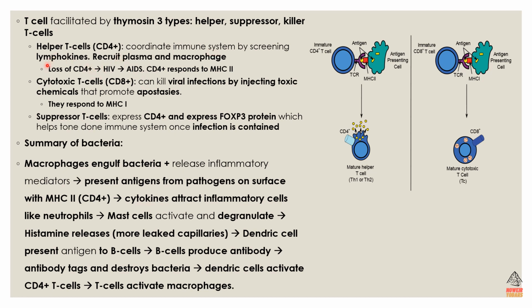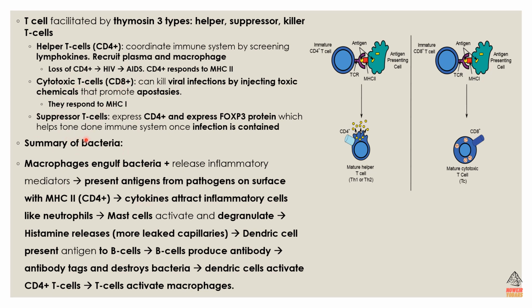Next, you have the cytotoxic T cells, or the killer T cells, and these are CD8 plus. They kill viral infections by injecting toxic chemicals that promote apoptosis, which is also self-destruction. And they respond to MHC1. So CD4 responds to MHC2, CD8 responds to MHC1.